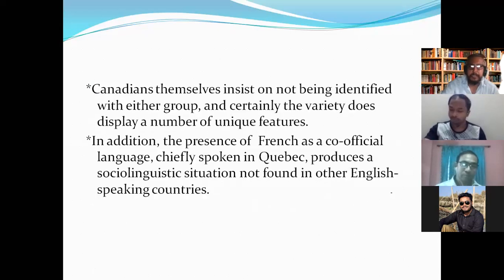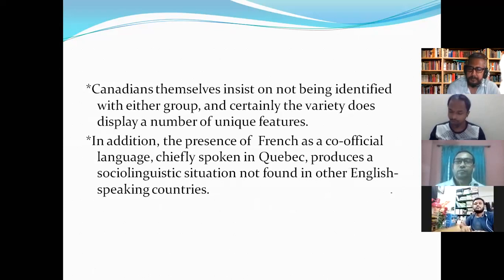Okay, so if I summarize the first session of this class, that means the origin of Canadian English: at the initial stage, or the last stage of the 15th century, John Cabot, an Italian navigator or explorer, started his journey from Bristol in Britain and went to Canada.